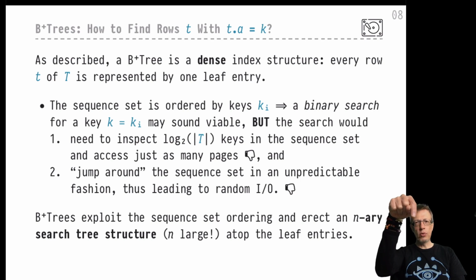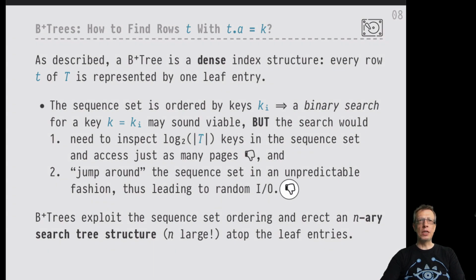So you would look to the right of this pivot, and then be guided to look there and there and there. You would have to jump around in that sequence in a rather unpredictable fashion. You could not tell beforehand where a comparison with a pivot will lead you, to the left or the right inside the sequence. So it's an unpredictable sequence of I/O operations that you would face, and that's what defines random I/O, which deserves a thumbs down in our context.